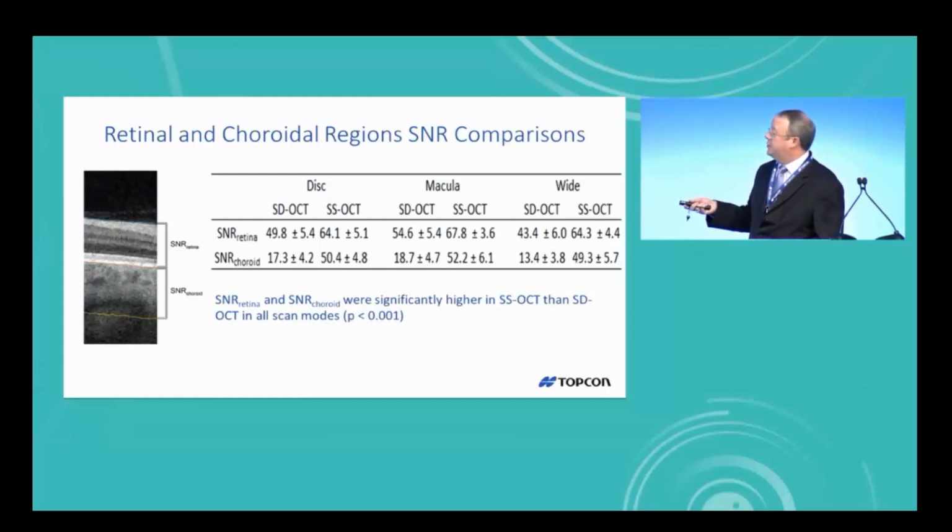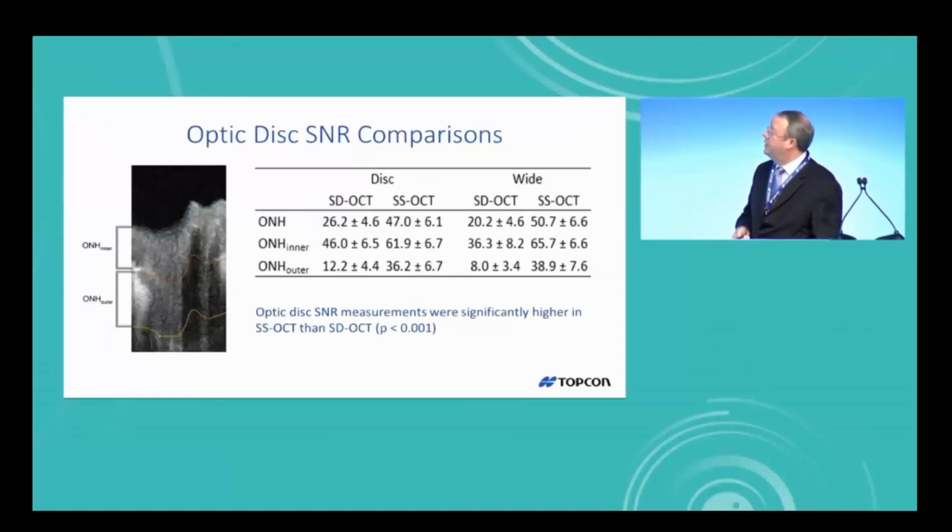Again, swept source is uniformly significantly higher than the spectral domain, and the drop-off from the 6x6 modes to the 12 millimeter wide mode is much smaller in the swept source system than it was in spectral domain. And we did the same for the optic disc and see pretty much the same trends.